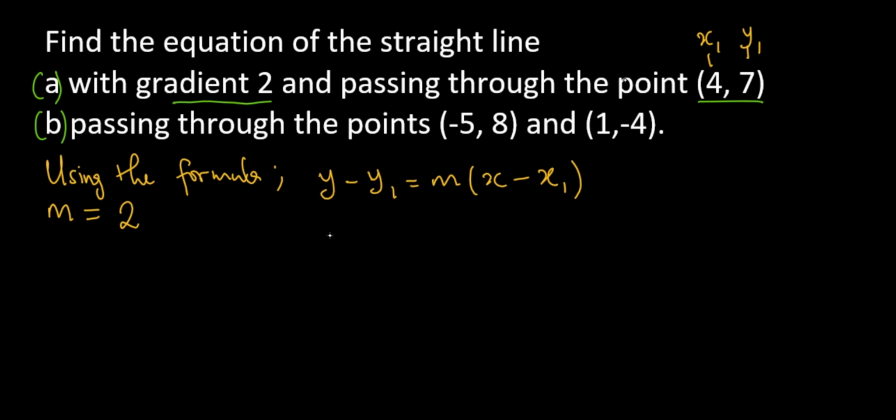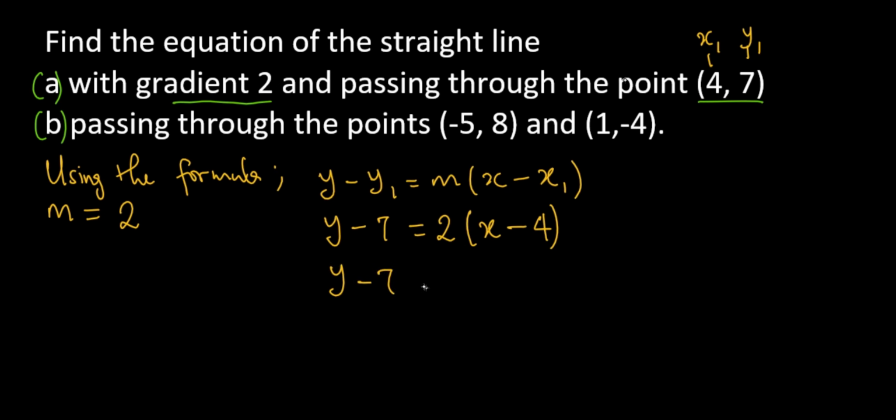We plug in everything inside the formula. So we have y minus 7 is equal to 2 into brackets x minus 4.